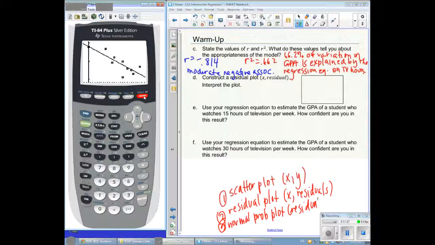So every single problem regarding inference on regression is going to require those three graphs.